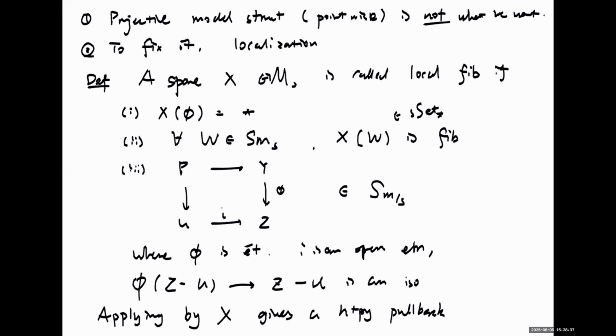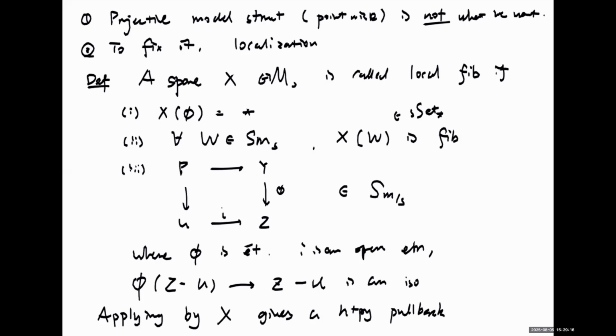Let me recap the definition again, which says I give a bunch of axioms on it. Pointwise, it's fibrant, and we preserve the homotopy pullbacks. Then I say this is a local fibrant object in the category of motivic spaces. And I want to point out as well.